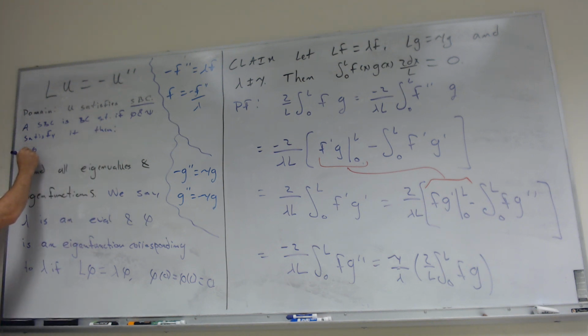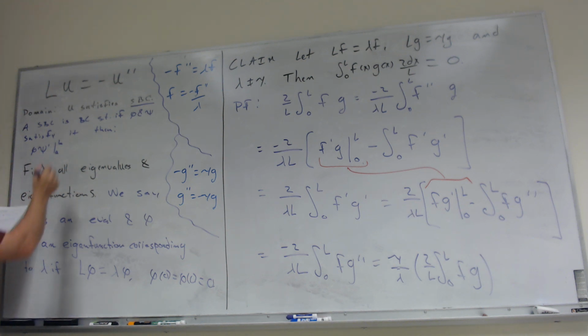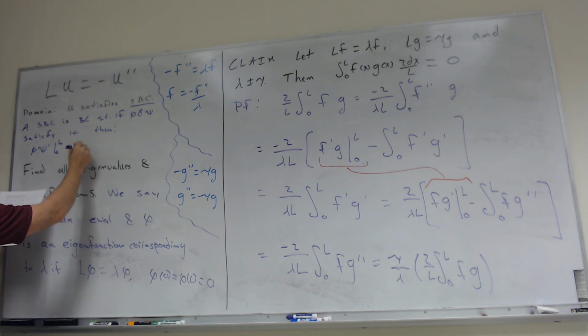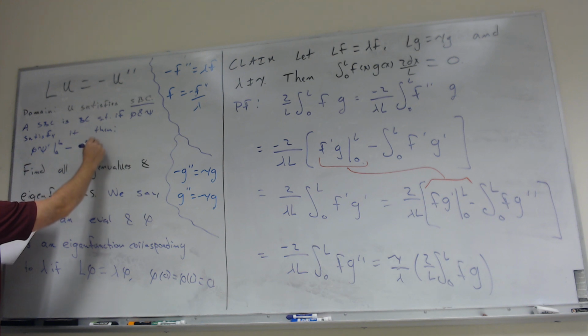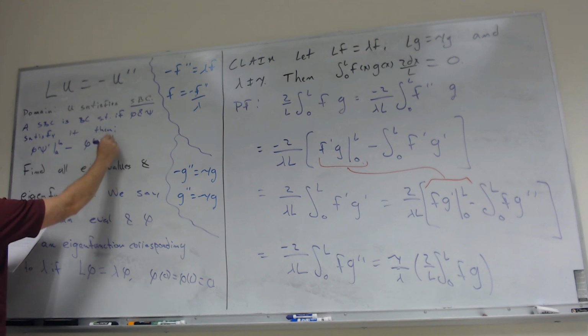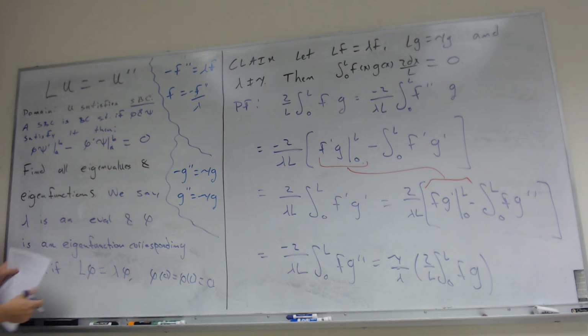If I look at phi times psi prime, and I evaluate from A to B, phi of B, psi prime of B, minus phi of A, psi prime of A, minus phi prime psi from A to B, this is equal to 0.